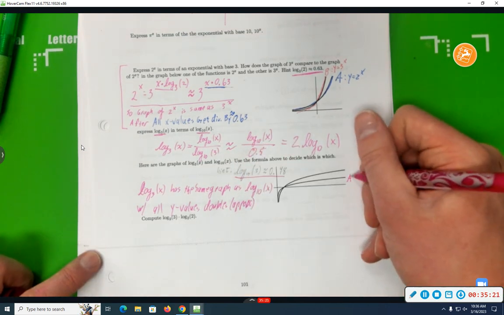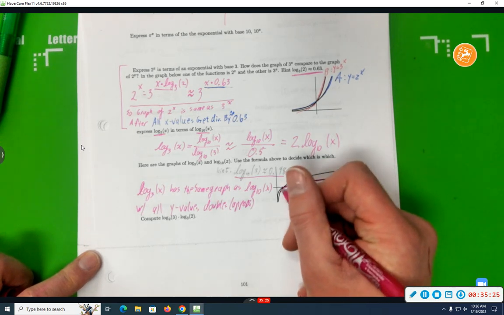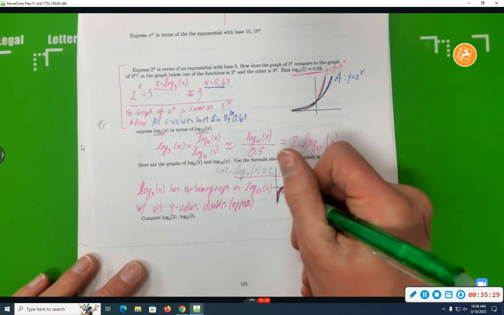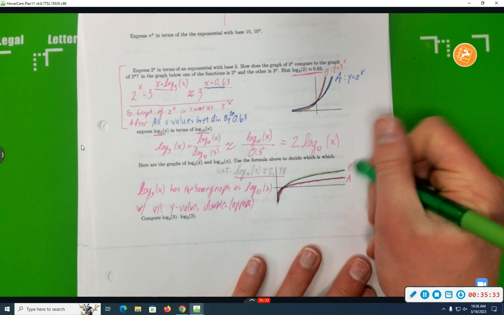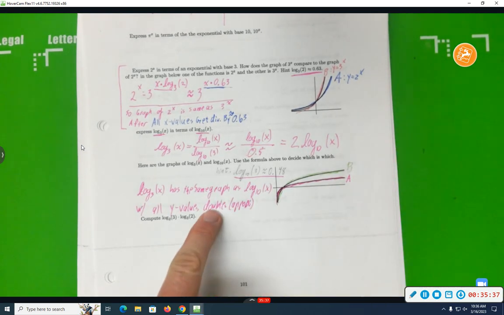So, same question. Here are the two graphs. I'll label one of them as A and the other one as B. I'll try to color code a little bit. So based on the sentence written right here, if one of those two things is the log base 10 and the other one is the log base 3, which one is which?